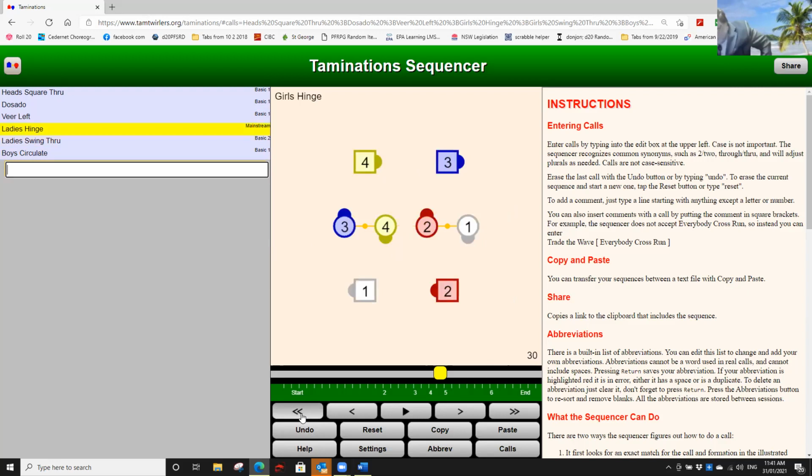No, the girls are out of sequence. Excuse me, 1, 4, 3, 2. They're so out of sequence. We all agree they're out. Yes. And after the swing through, they're in, 1, 4, 3, 2.